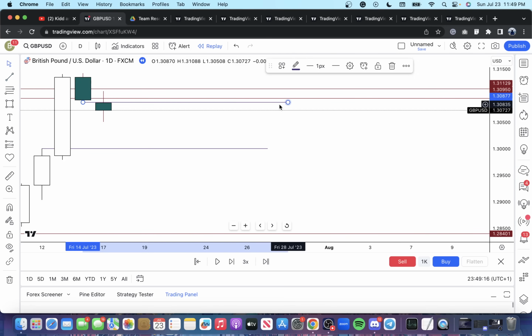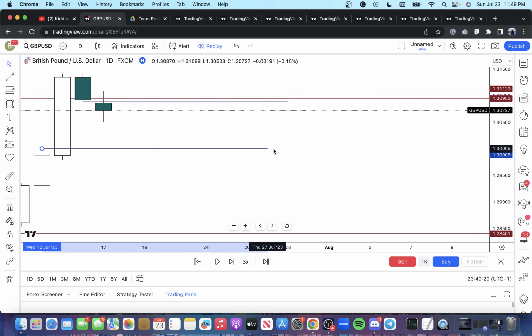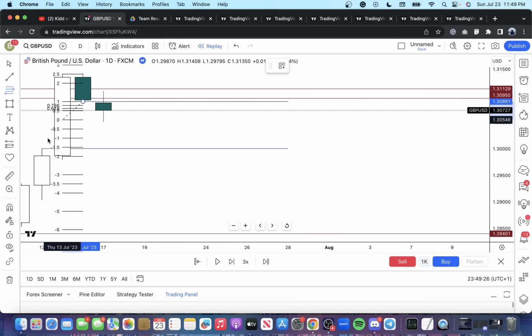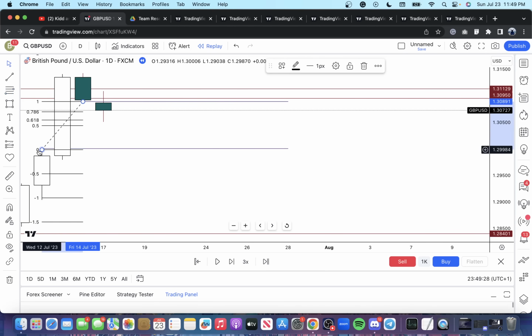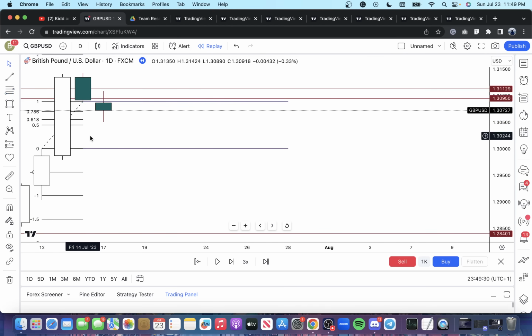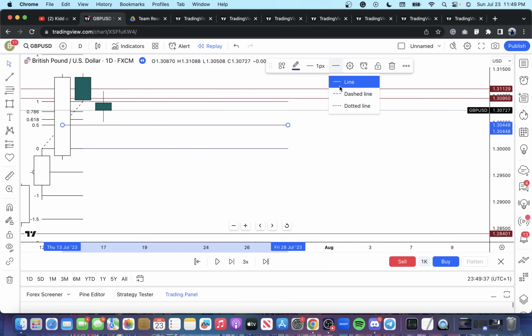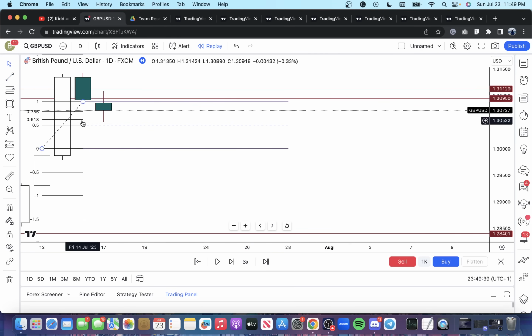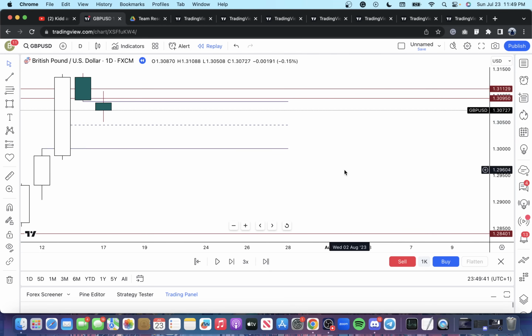Now, what we have with this daily discount is we have the discount low of the inefficiency, the premium high of the inefficiency, and then if we use our Fibonacci from high to low here, we have the 50%, which is the consequent encroachment of our inefficiency or discount array, and we're done.